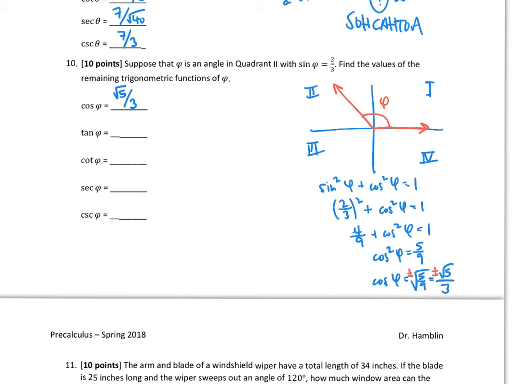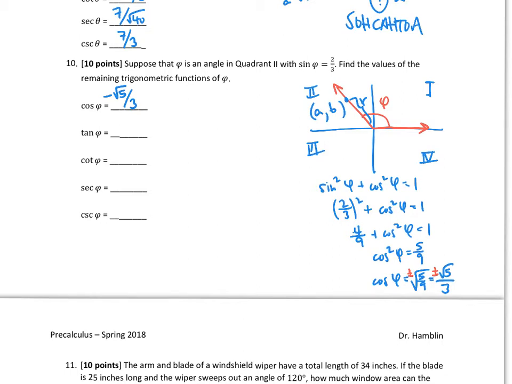And since the cosine of that angle phi, if we were to think of a point on this terminal side, the x value of that point is negative. So if we think of this as a comma b, and this distance from the origin as r, the cosine is a over r. The a is negative, r is always positive, and so the cosine must be negative. So it's not square root of 5 over 3, it's negative the square root of 5 over 3.